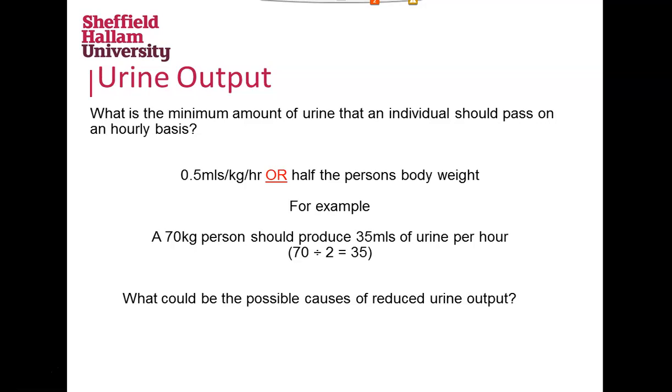And if you're in this situation where you are looking every hour at a patient's urine output and trying to determine if there's enough, you need to be asking yourself the question at the bottom, what could be the possible causes of this reduced urine output? You will have all come across the blocked catheter, and sometimes that can be wishful thinking, can't it? You can guarantee you'd go and speak to a doctor about a patient's urine output, and that's one of the first things they'll ask you.